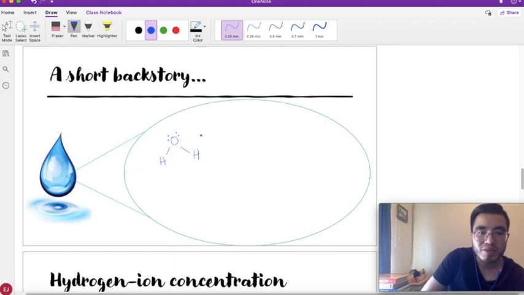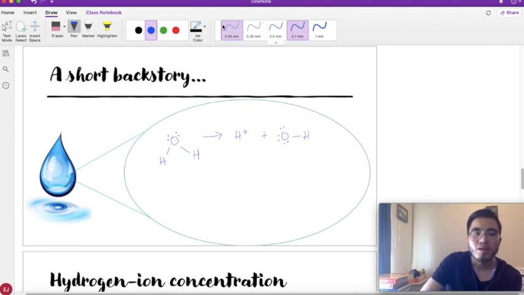So sometimes this water molecule will release a proton, so an H+, or will dissociate into H+ and a hydroxide ion. When this water molecule releases a proton in the form of an H+, this happens. You have H+, O lonely, and OH-.